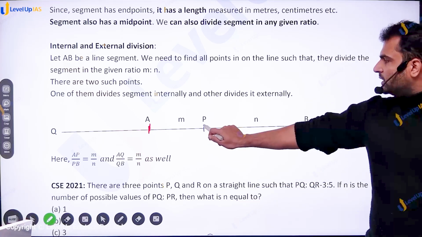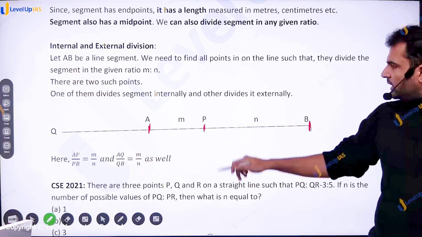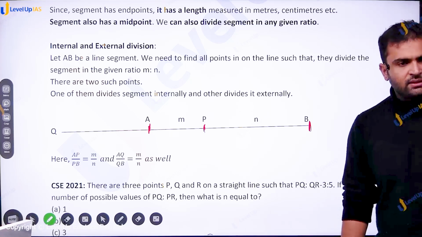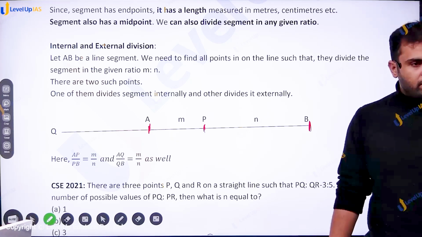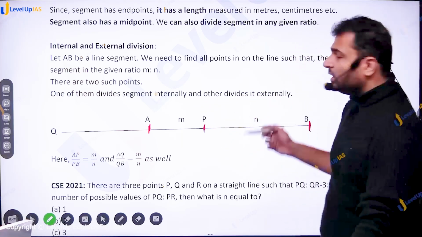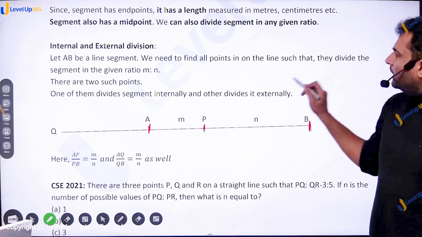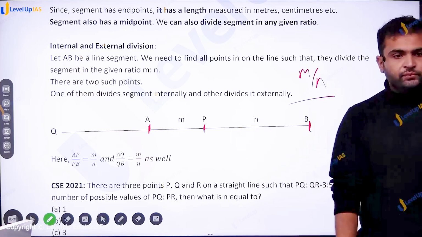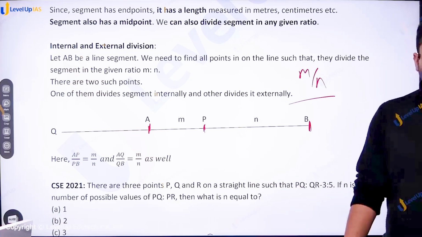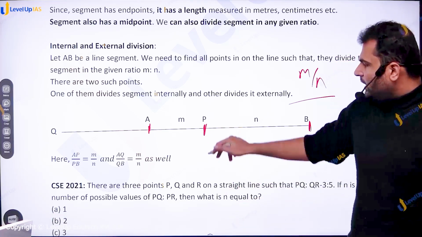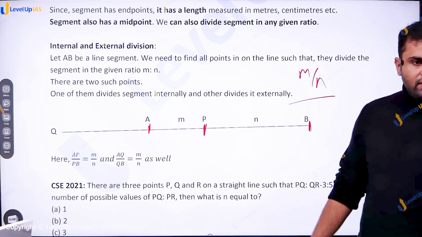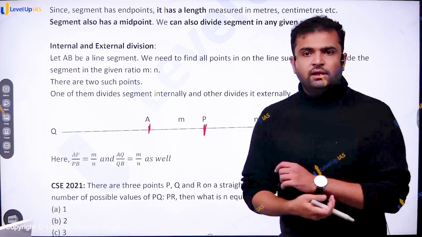So if P is a point in between AB such that it divides the given line segment in the given ratio m by n. So what is given? The line segment is given and this ratio is given. Then what we are saying is there would be a point somewhere in between these two which divides the line in this ratio.